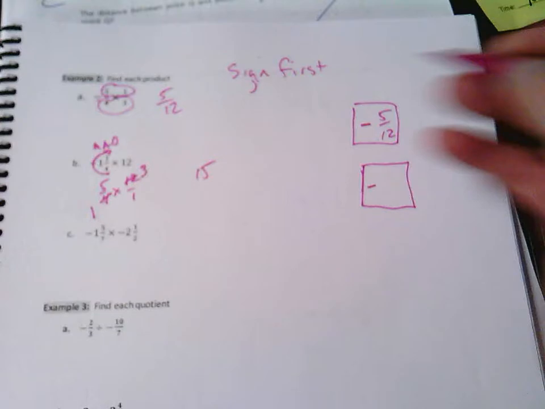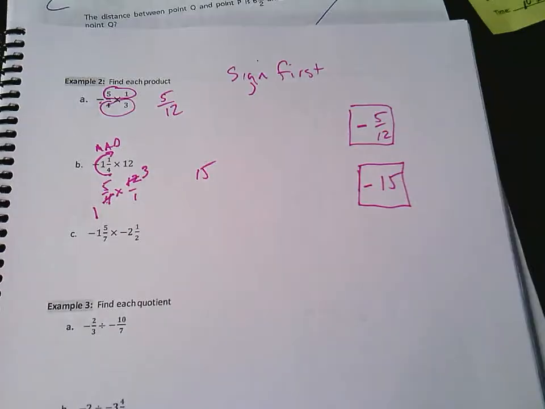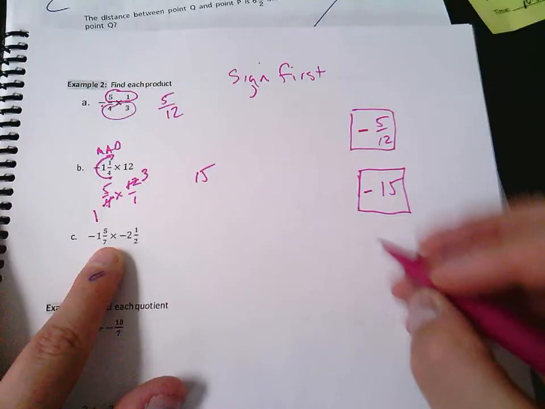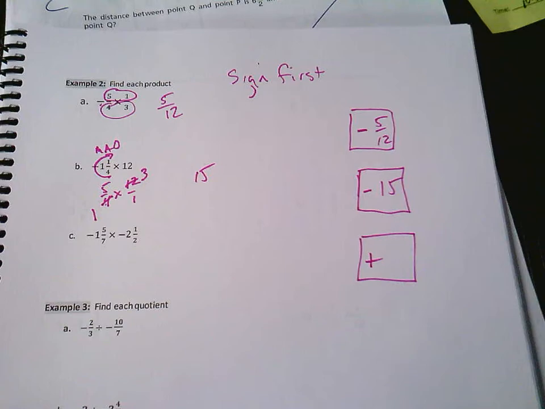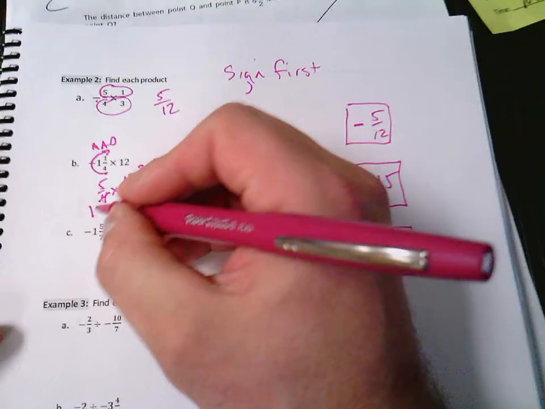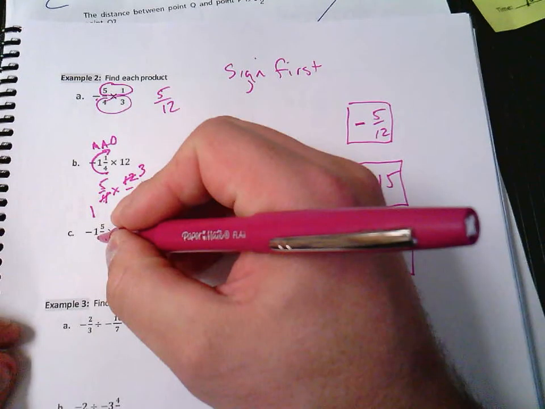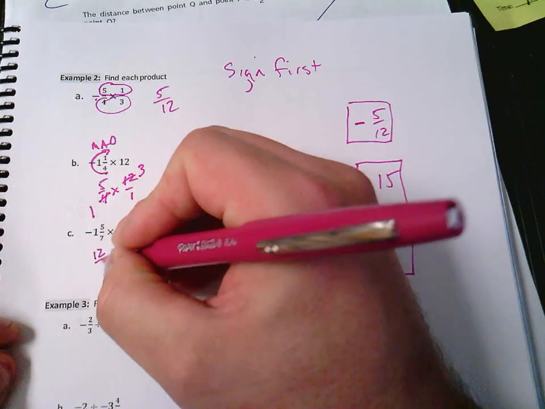Here we've got a negative times a negative. And the third one, negative times a negative is a positive, so I'm going to get the answer right away. We're going to have to get MAD with both of these. So 7 times 1 is 7, plus 5 is 12 over 7. 2 times 2 is 4, plus 1 is 5 over 2.